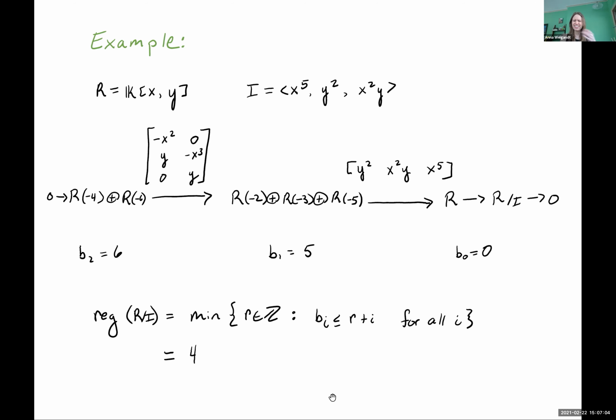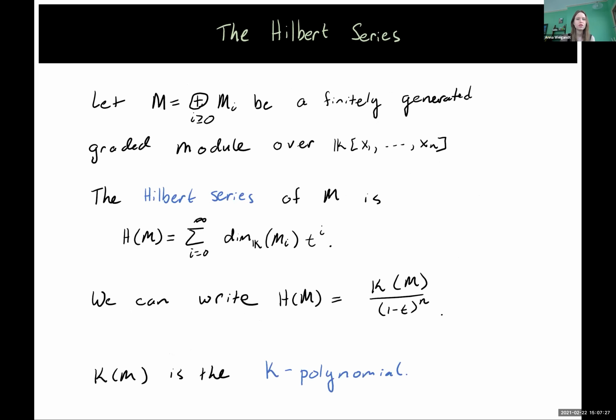Again, if you're not happy with the resolution itself, just keep in mind that it's a rough estimate of how complicated this resolution can be if you take a minimal free resolution. And it doesn't depend on your choice of minimal free resolution, it's an invariant. Okay.